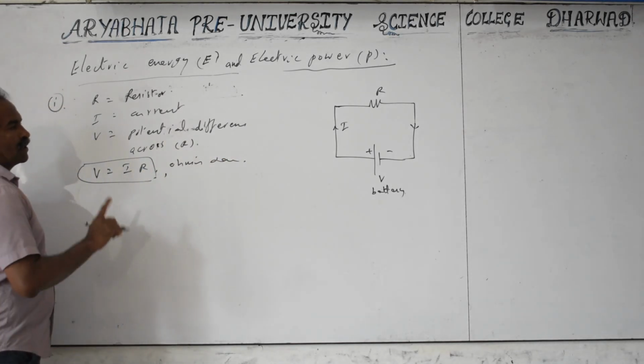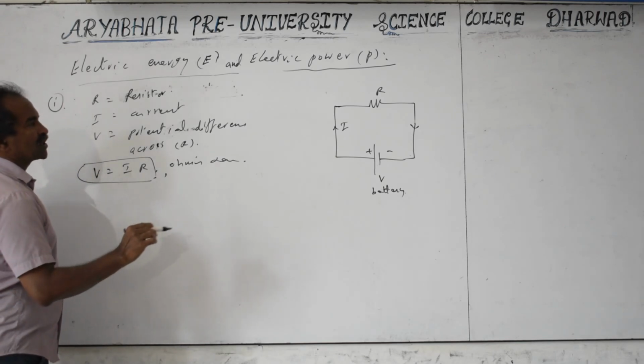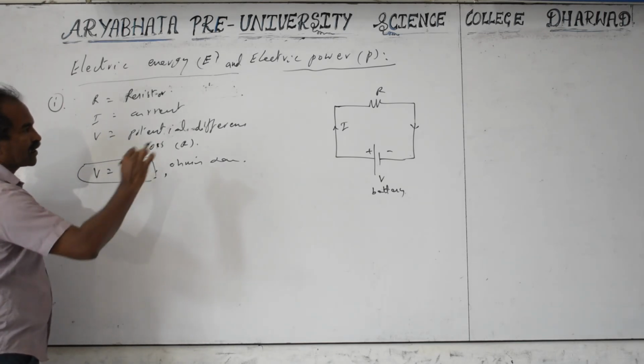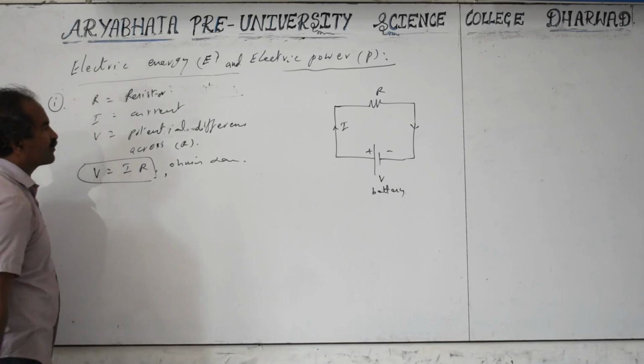Next, W is the work done by the battery to move the charge Q through the resistance R in a closed circuit. A closed circuit is compulsory for the charges to move.